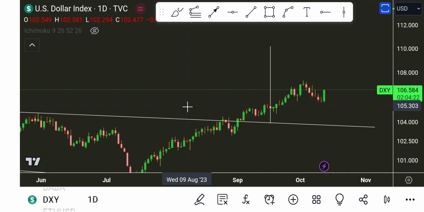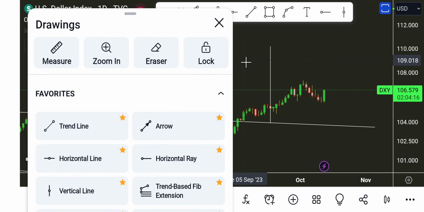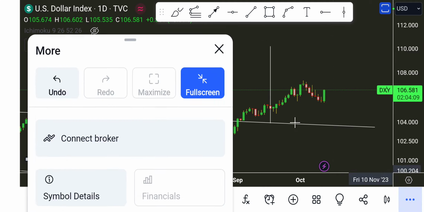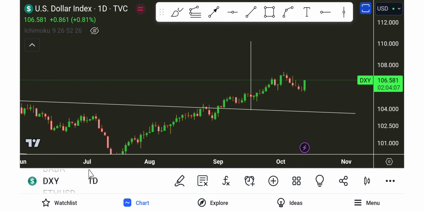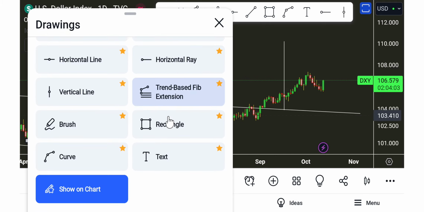So I want you guys to pay close attention to this. I want to explain this chart pattern here. So let me remove these drawings here.